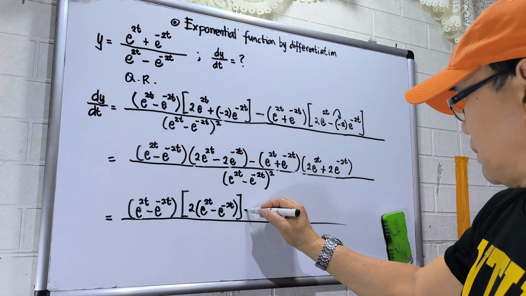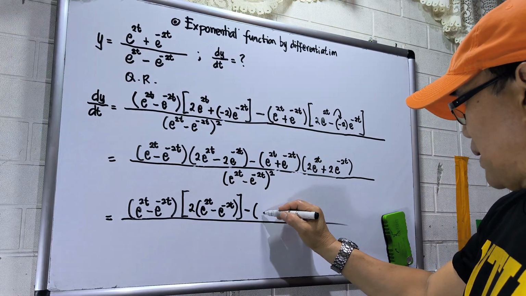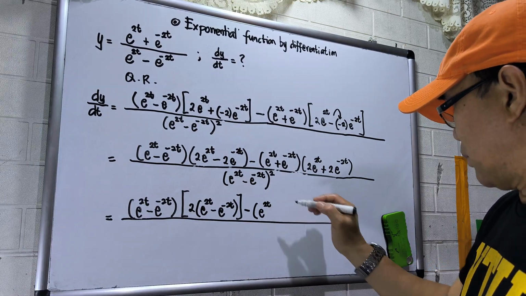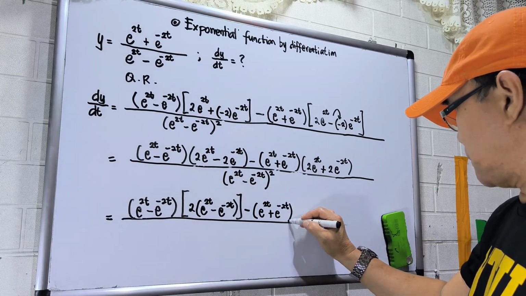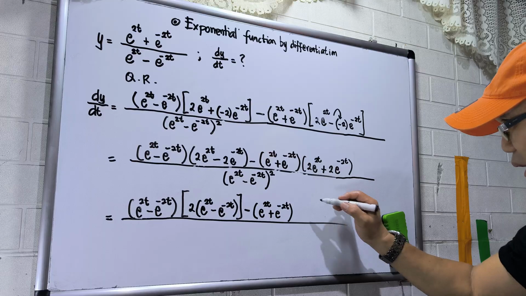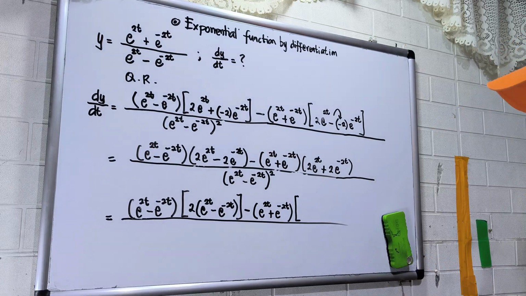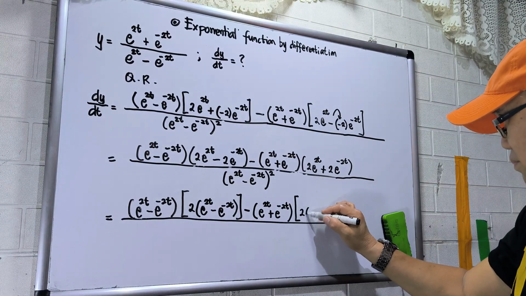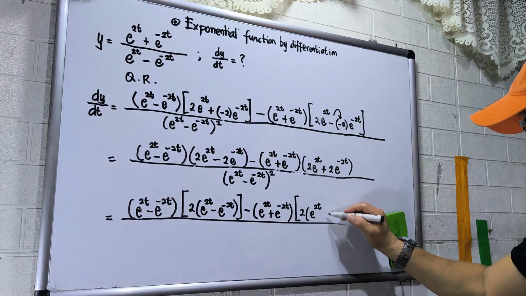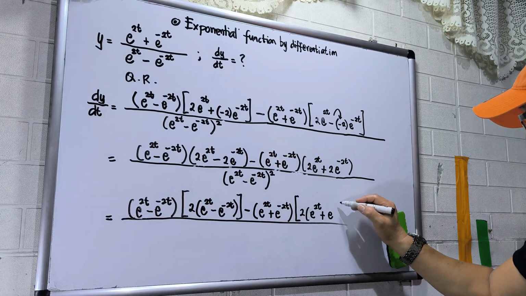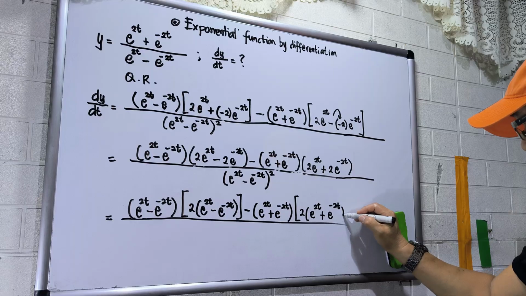So this will be minus (e raised to the 2t power plus e raised to the negative 2t power). Then I will factor out. So I will use square brackets. So this will be 2, then (e raised to the 2t plus e raised to the negative 2t).